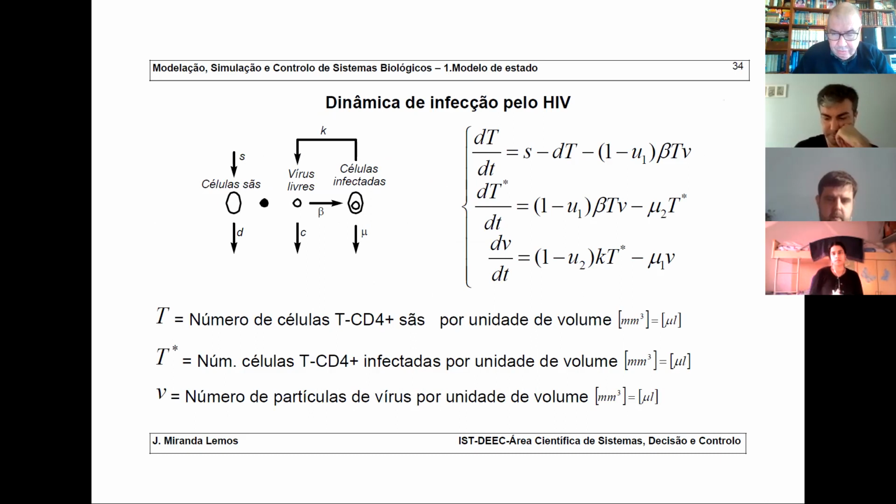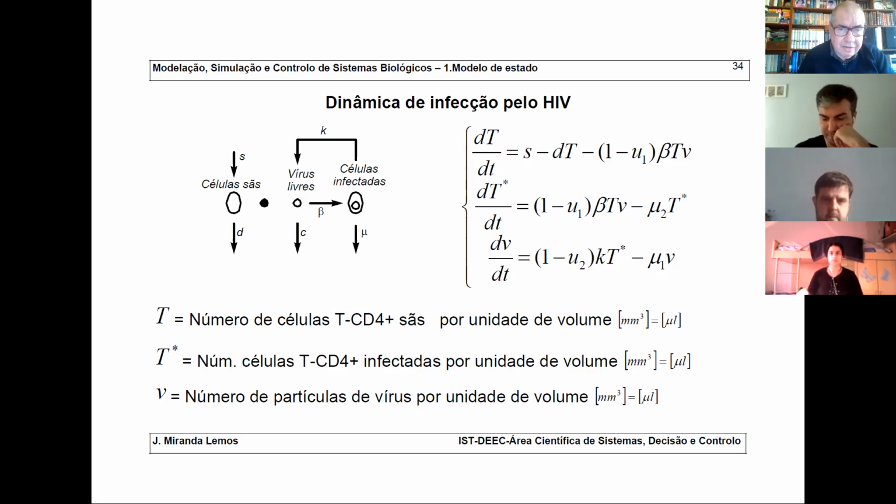The idea for the others is just to consider more types of intermediate products or concentrations in some regions, but the principles are the same. So let's try to explain this very simple model.